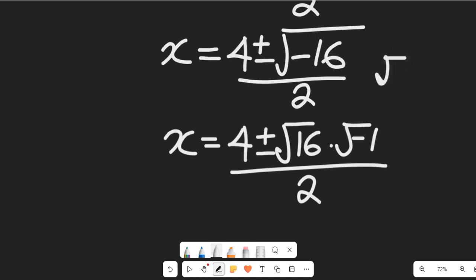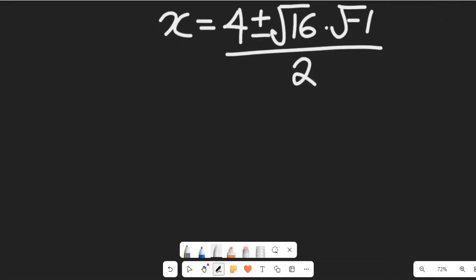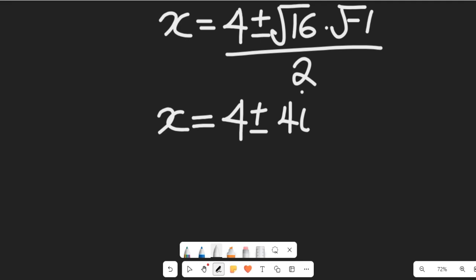Now recall that the square root of negative 1 is the complex number i, or j, depending on what you call it. So we'll have our x equal to 4 plus or minus the square root of 16, which gives us 4j, and all of these will be divided by 2.